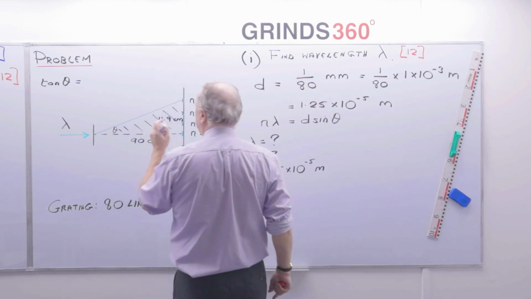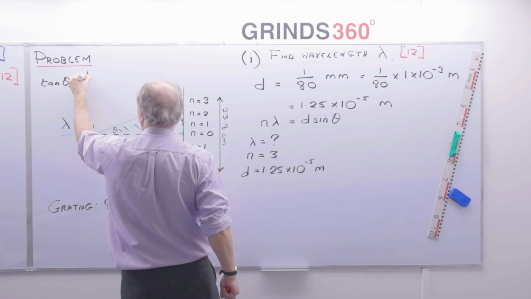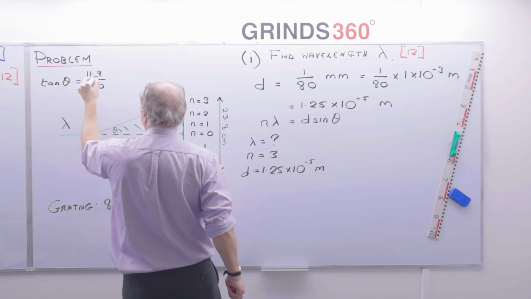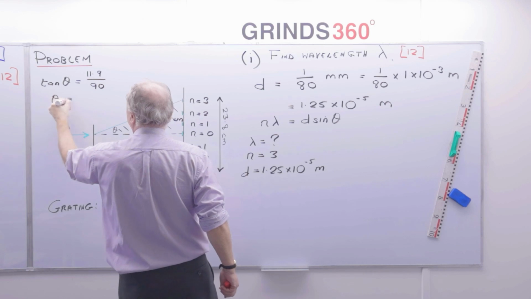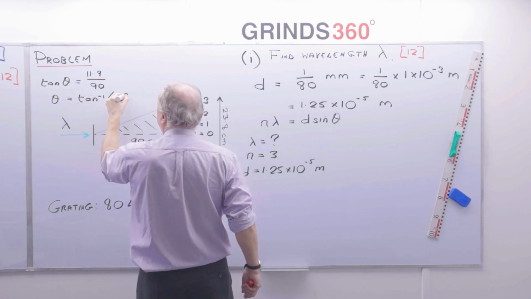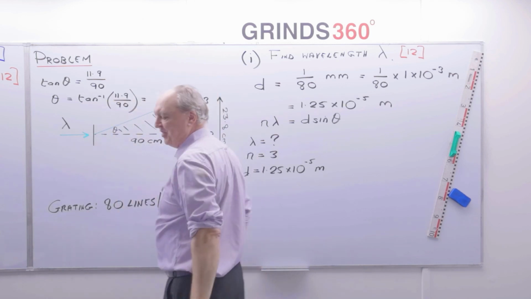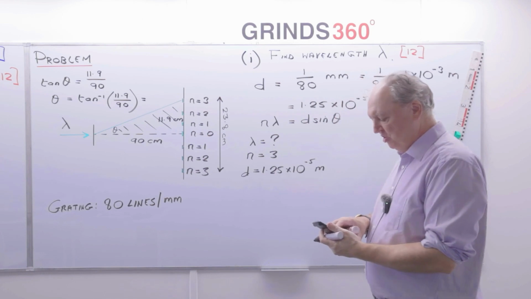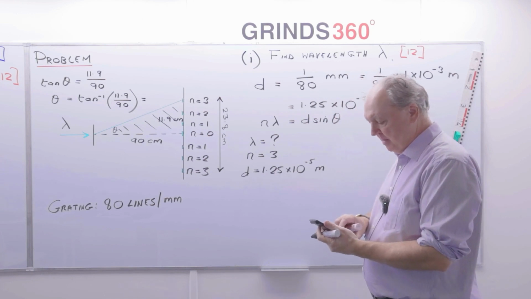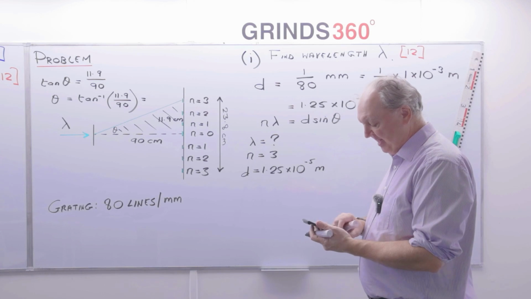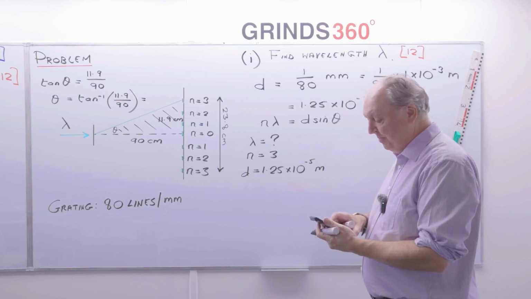The tan theta is equal to the opposite, which is 11.9 centimeters, divided by the adjacent, which is 90. Theta, therefore, is the inverse tan of 11.9 divided by 90. So let's put that into our calculator and work it out. Shift tan, fraction, 11.9 divided by 90, close your bracket.